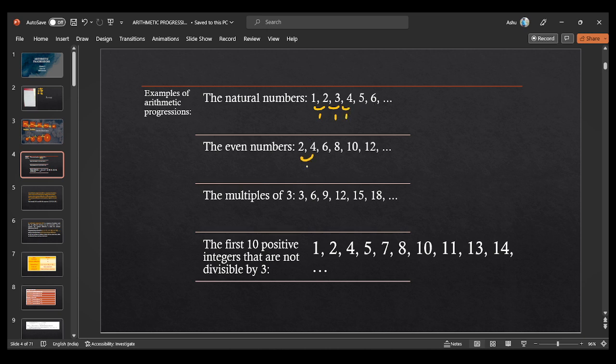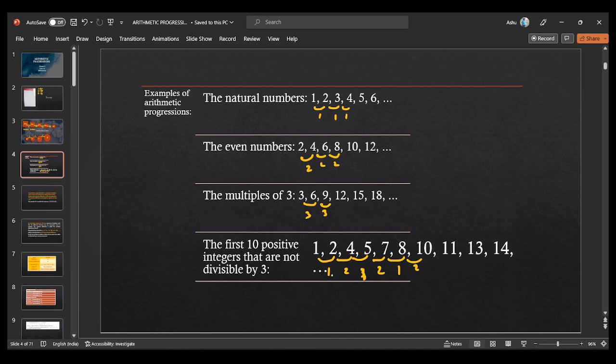Here the difference between two numbers is 3. Here the differences are 1, 2, 1, 2, 1, 2.